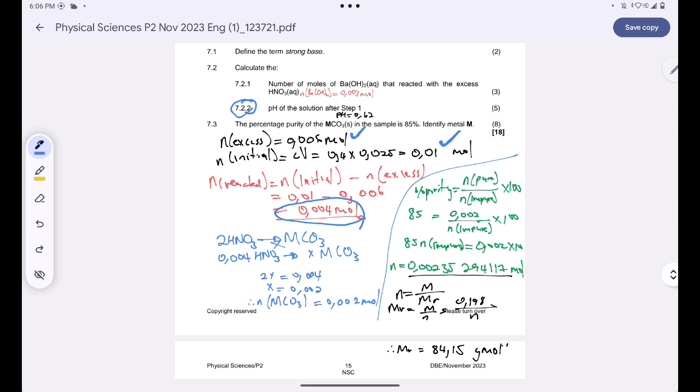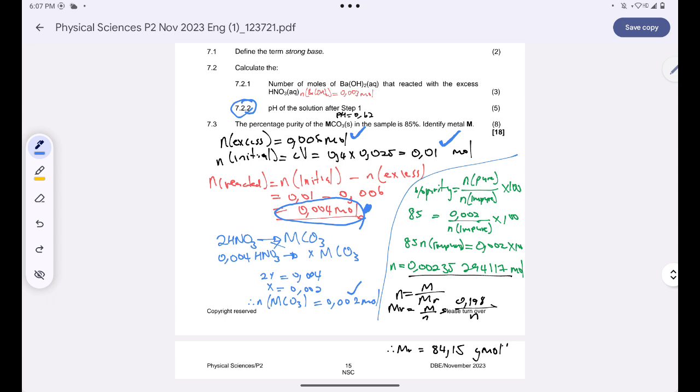And then secondly, I know that this amount is the one that will completely neutralize the metal carbonate. I wanted to know how much of the metal carbonate I would need, and I found out it's only 0.02. Are you together? However, the hydrochloric acid will only react with the pure metal carbonate.